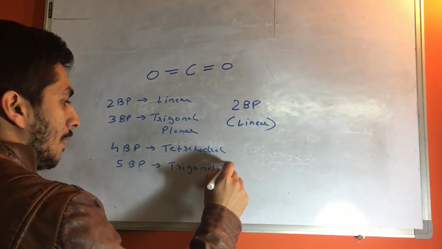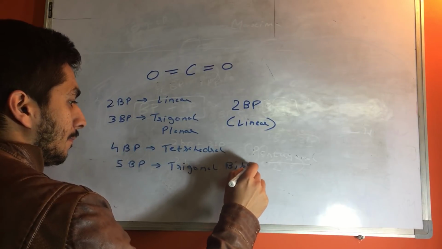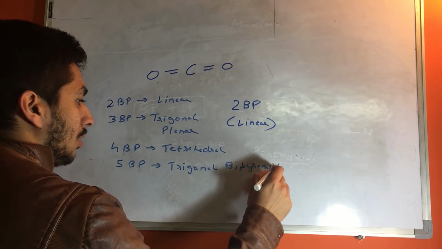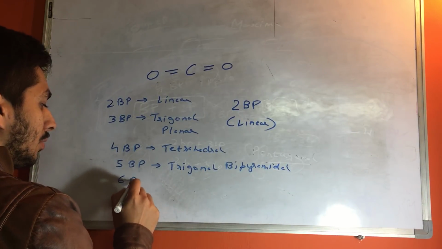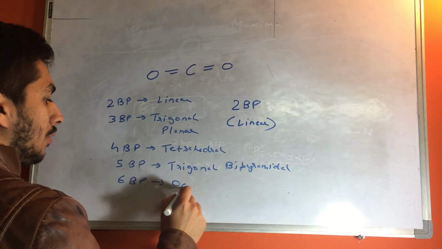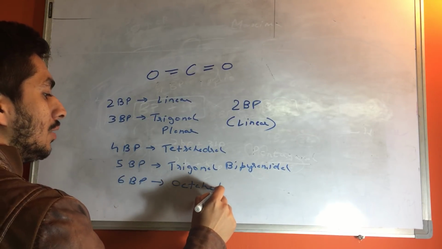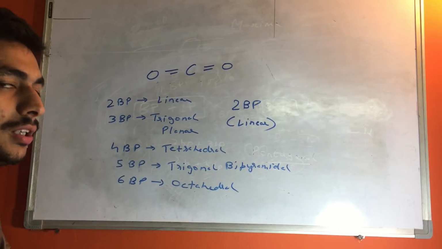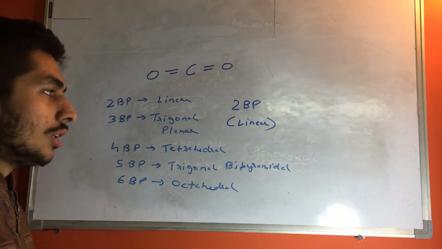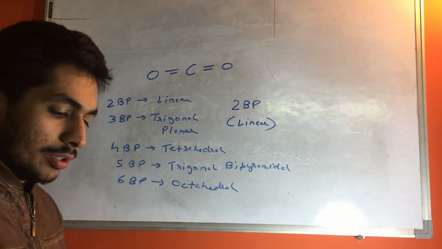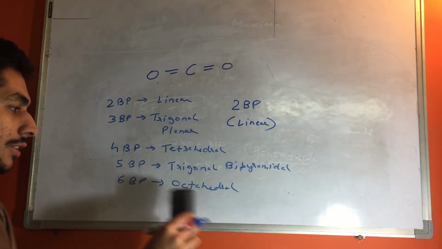For 6 bond pairs, it's octahedral, and so on and so forth. For 7, it is pentagonal bipyramidal, and it goes on like that. So these 6 are the most important.